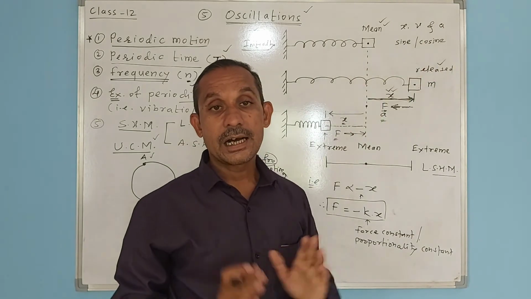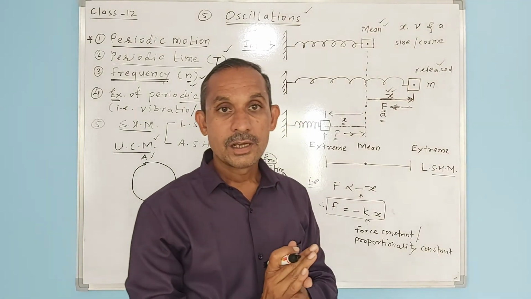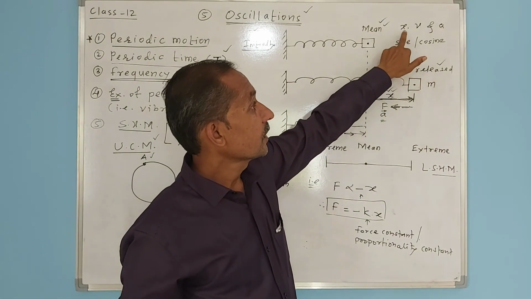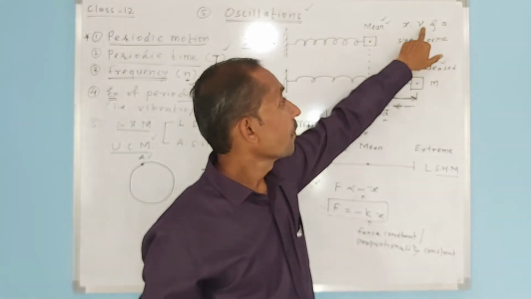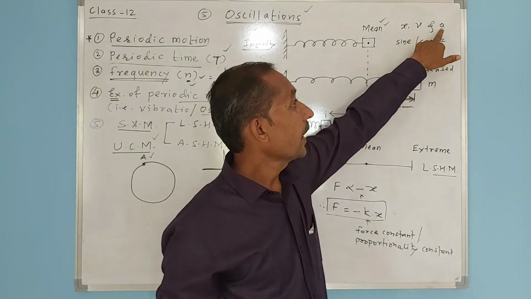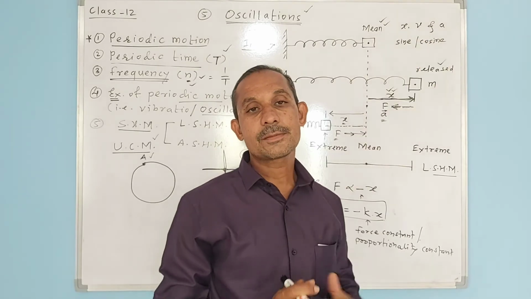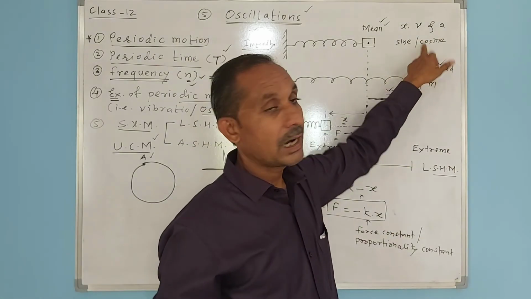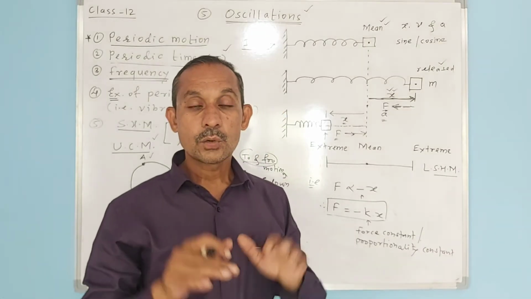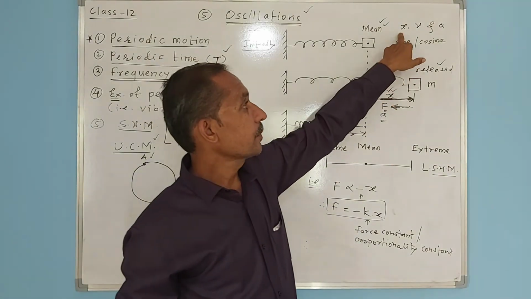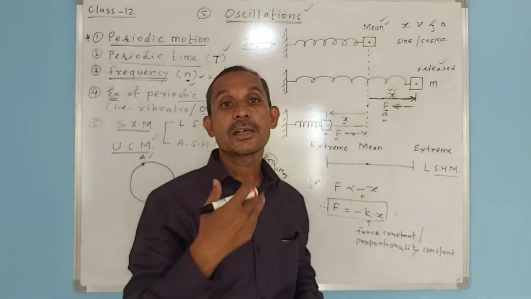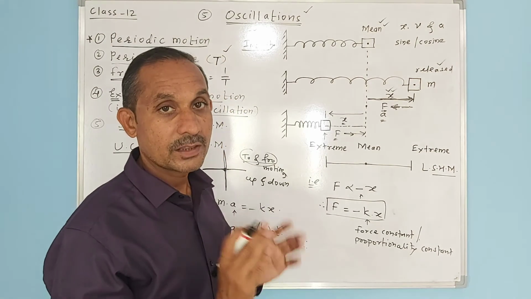Sine and cosine are called the harmonic functions, in terms of which displacement, velocity and acceleration can be expressed.